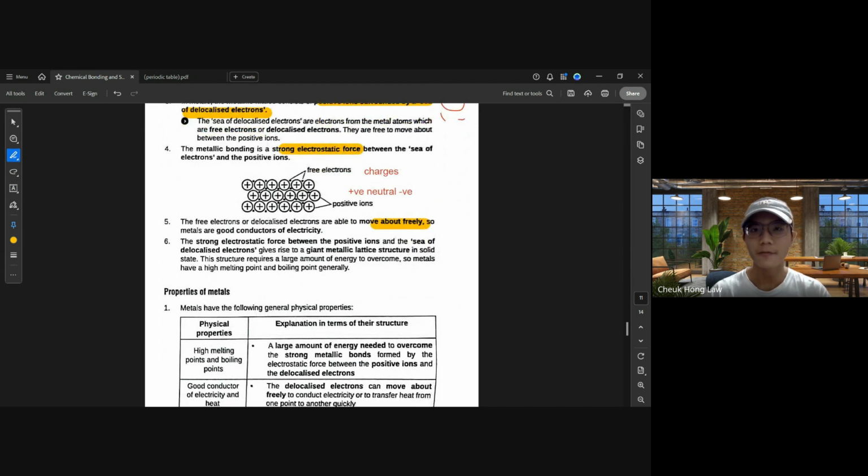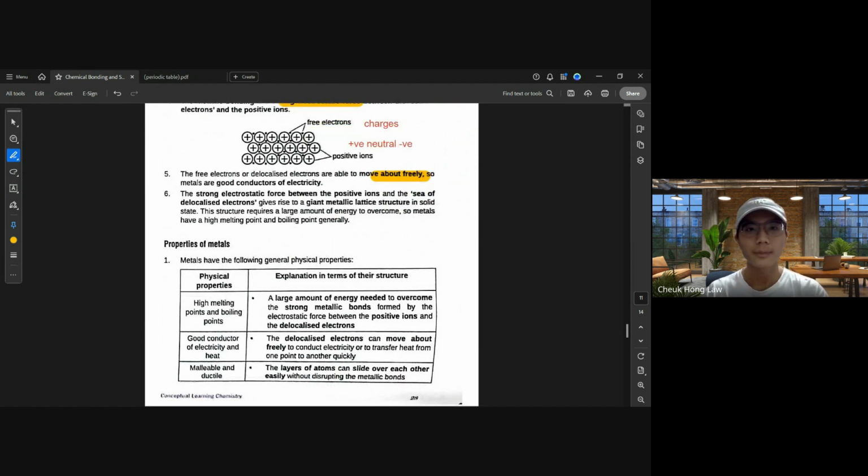But the positive ions, right? They are just stuck there. They cannot move. So only the electrons are free to move. The positive ions are not. The strong electrostatic force between the positive ions and the sea of delocalized electrons give rise to a giant metallic lattice structure. So it just tells you this is the structure of metals.